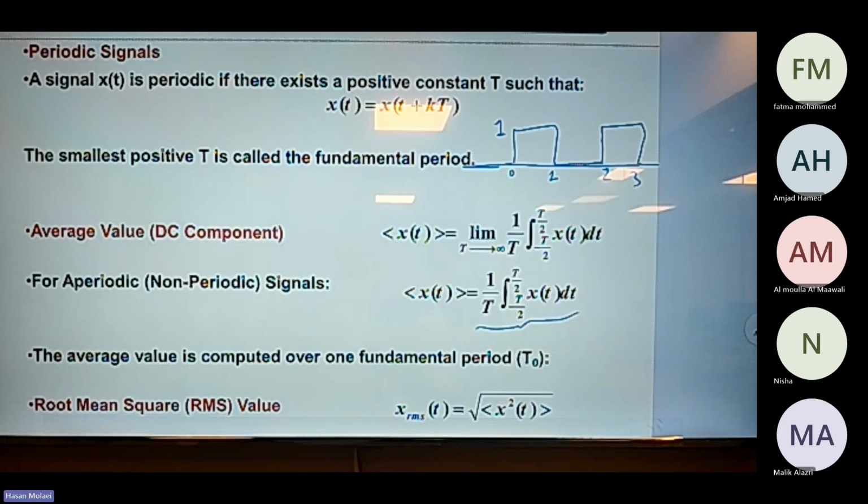How much is the average of the signal? Two. Okay. How about the other?